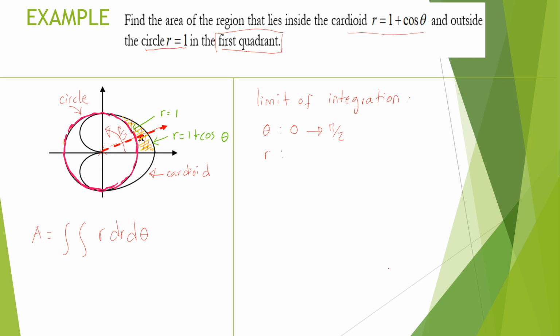The circle r equals 1 is the inner one, meaning the ray meets this graph first. Then r equals 1 plus cos theta is the outer graph. So our r should be from inner to outer: inner is 1, outer is 1 plus cos theta.